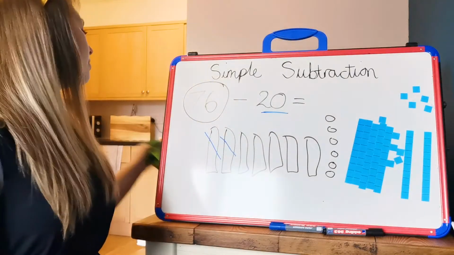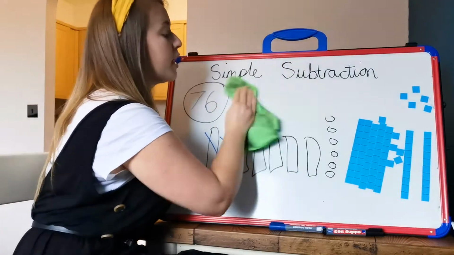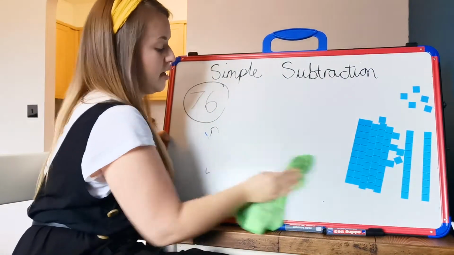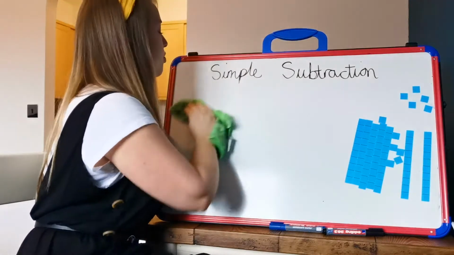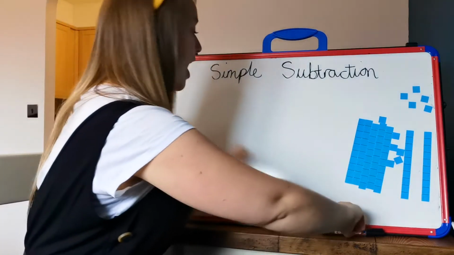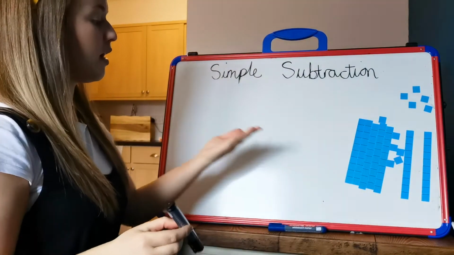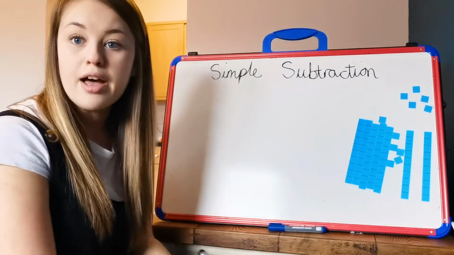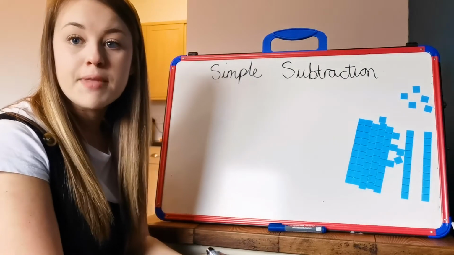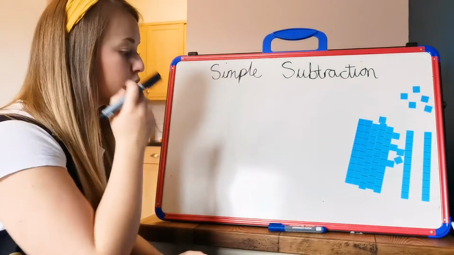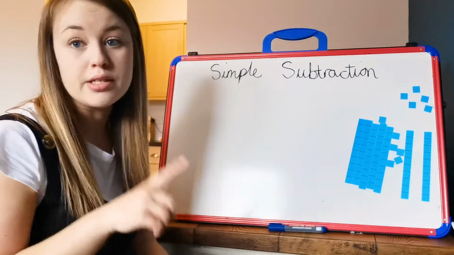the crossing out method. So if you were going to use this for bigger numbers, and I'll just show you really quickly on this one, I have used this quite a few times with the children that I have taught or tutored in older years, just because sometimes their confidence is quite low.